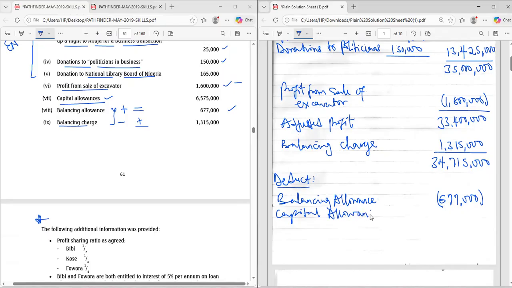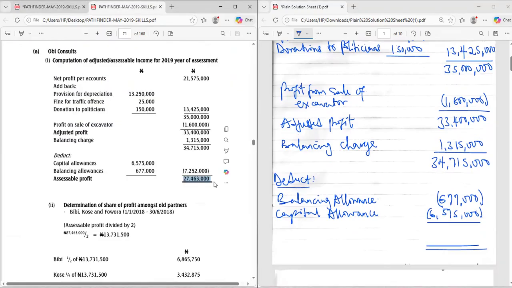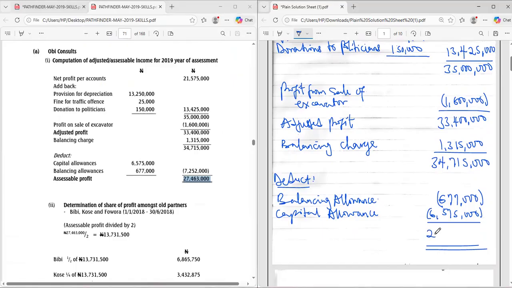So let's subtract capital allowance, which is how much? 6,575,000. That should give us 27,463,000. That's our assessable profits. Correct. So we are done with that.